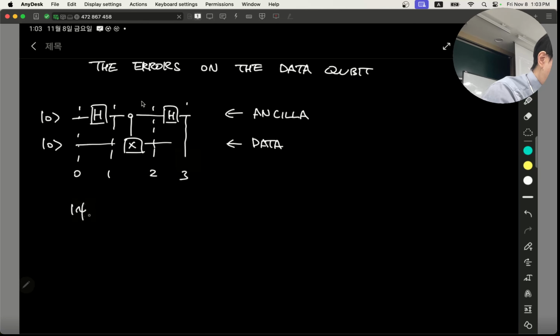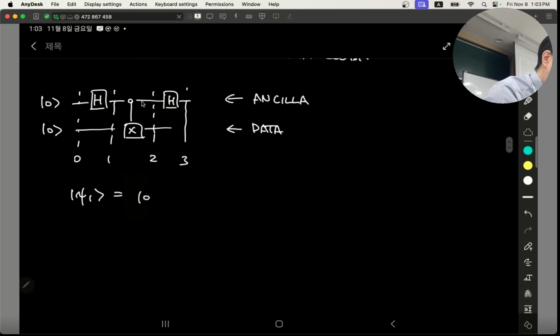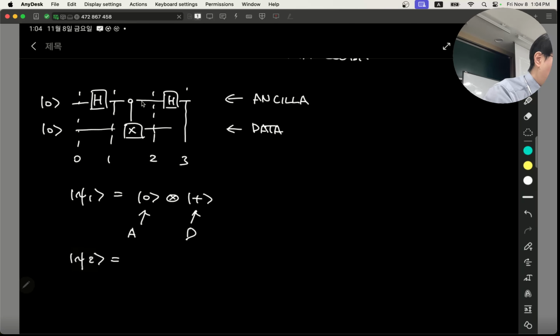So psi 1, let's start from psi 1, is plus 0. I'm taking the first qubit as the top one, so 0 tensor plus.